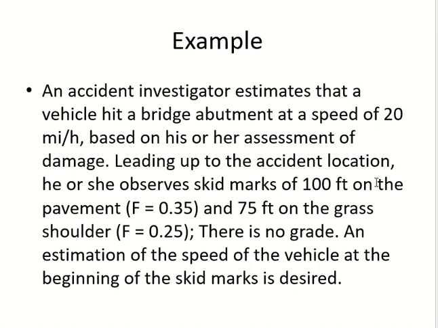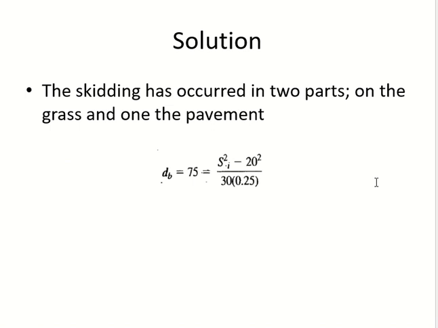20. Okay, so I know the final, right? I want the initial. Initial on the pavement or the shoulder? I can get the initial for the shoulder, because I know the distance, I know the F value, and I know the final speed. So I can find out the initial speed for the shoulder. Give me the initial speed for the shoulder.